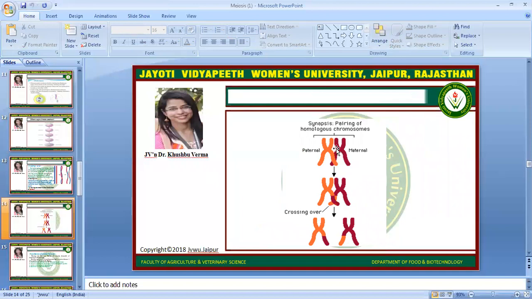The 2 homologous chromosomes pair and create the synapsis, and because of the synapsis, crossing over is done, and then the sister chromatids of one chromosome exchange a part with a chromatid of the other chromosome, and that's how crossing over is done.